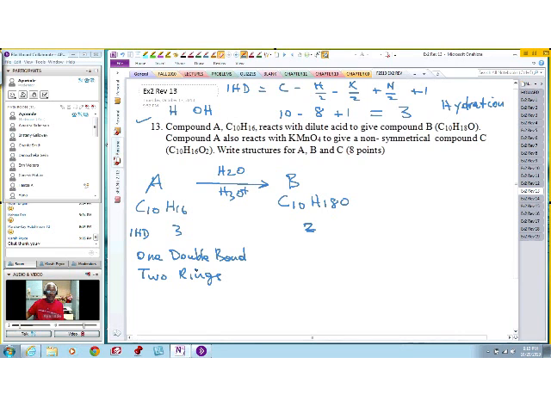Because if we have more than 1 double bond, this reagent here will react with all of those double bonds. But what we have here, it reacts with only the double bond that was there to form this compound.